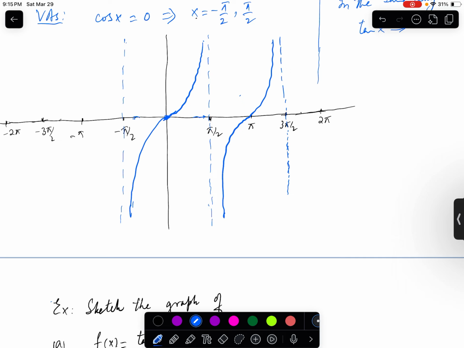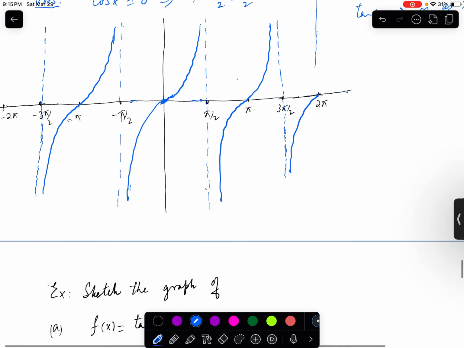If I don't go up to the next asymptote, if I want to stop here, then the piece in this portion will be like only the bottom piece. And on the left as well, the next on the left, negative pi over 2 is the asymptote. The next one on the left will be negative 3 pi over 2. And in between, the function will behave the same way and so on. And this is how we graph the tangent function.